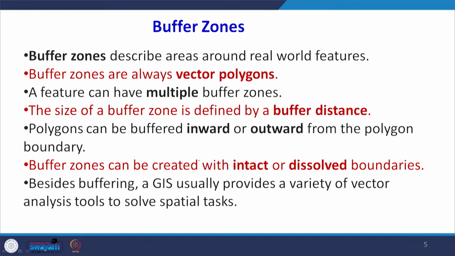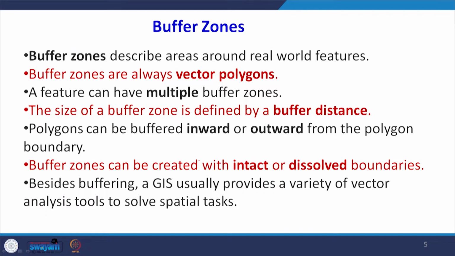A feature can have multiple buffers. We may have one buffer, or more than one buffer, around point, line and area features. The size of the buffer, how much corridor we have to create, is also determined by the user, and that is called the buffer distance.